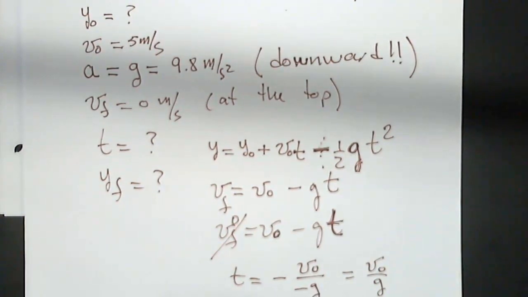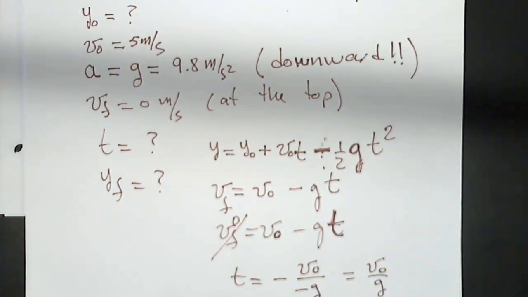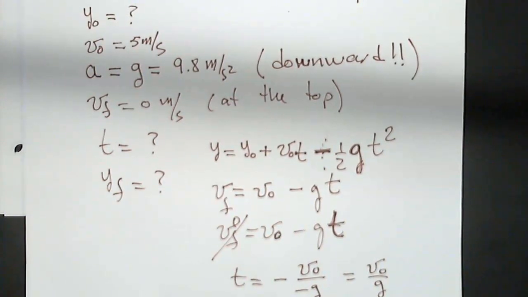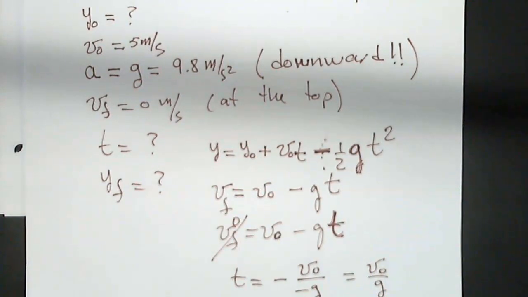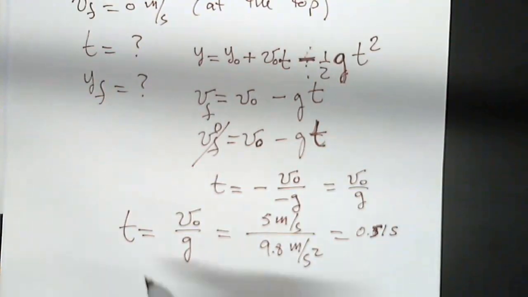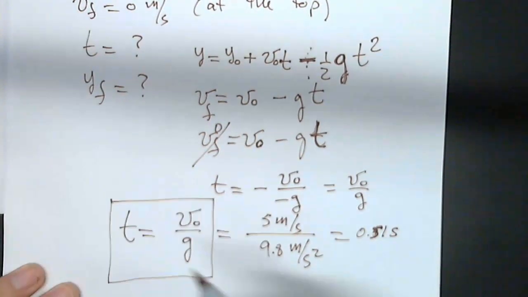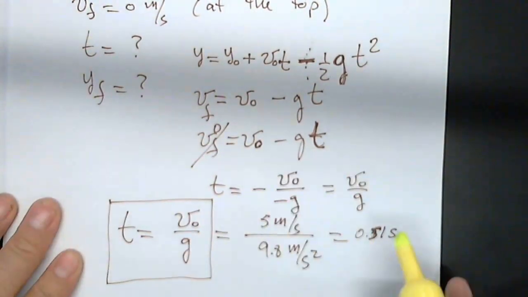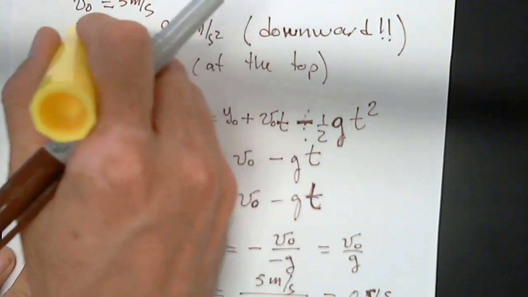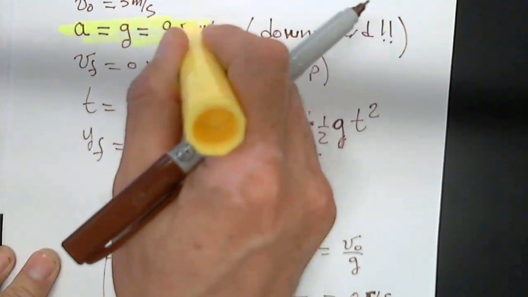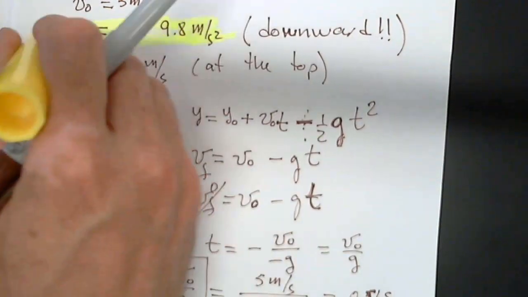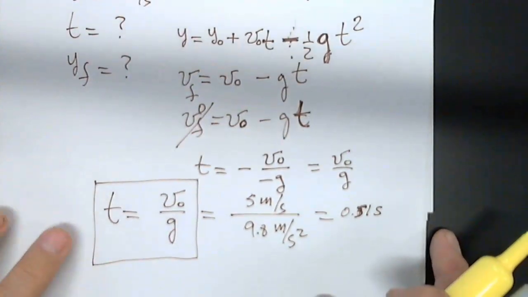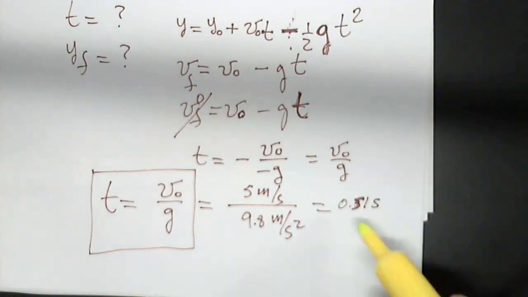It is 5 meters per second divided by 9.8 meters per second squared, and that's supposed to be seconds. So the time is initial velocity over the acceleration of gravity. Remember, the acceleration of gravity is 9.8 on this planet. An object accelerates downward at this rate, and it takes half a second to go up.